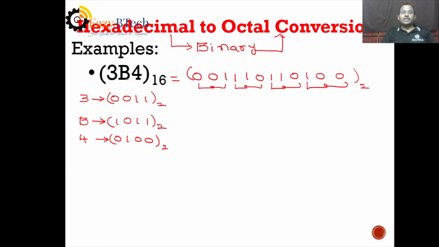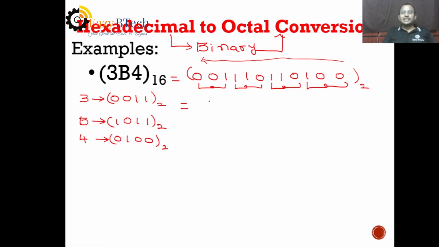So first we have written the binary equivalent for each hexadecimal digit, and now we scan from right to left, grouping 3 bits at a time, and write the corresponding octal equivalent.